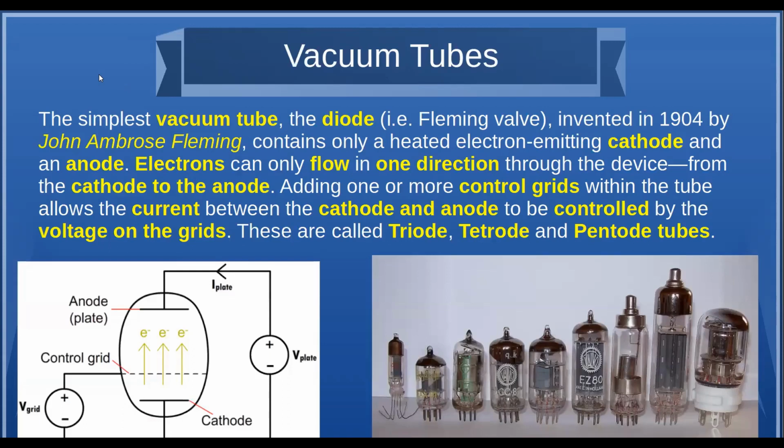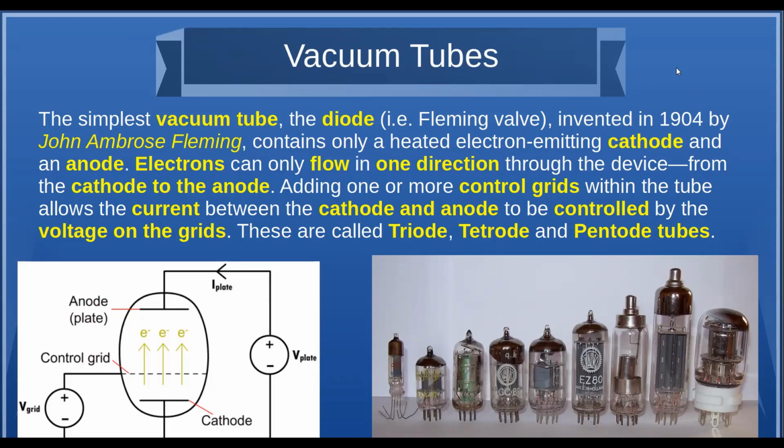We always have to talk about vacuum tubes because they're still around. There's questions on the exam about triode tubes and pentode tubes. Basically, it was the first sort of active device. Fleming invented what we today call a diode, where it could pass current from one element to the other in one direction only.